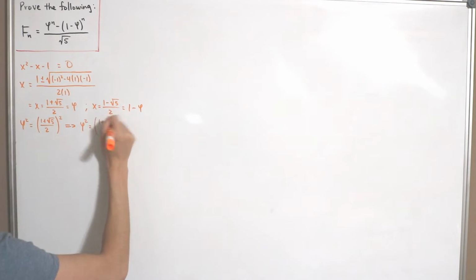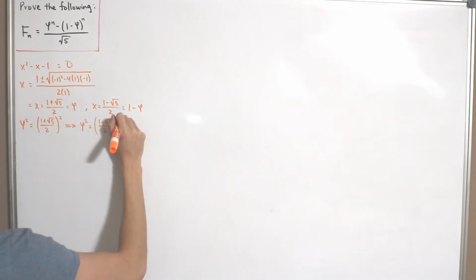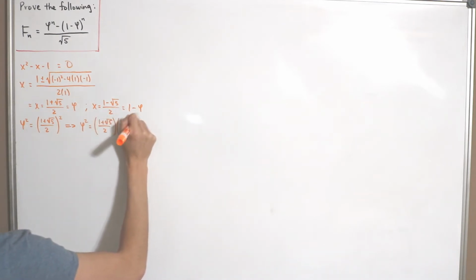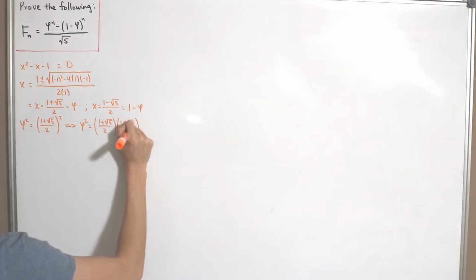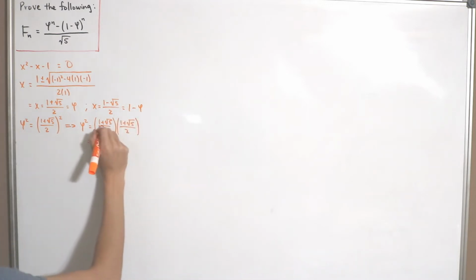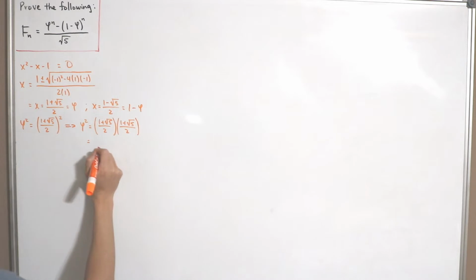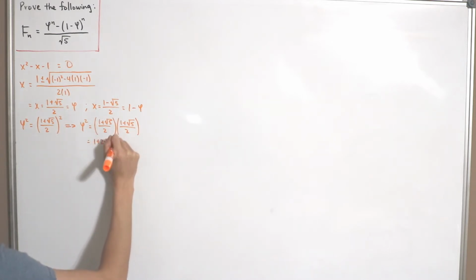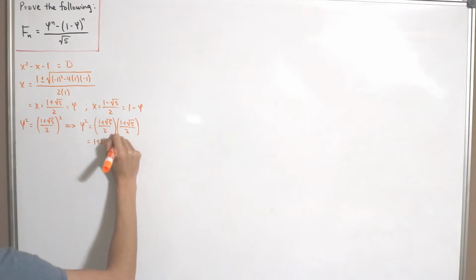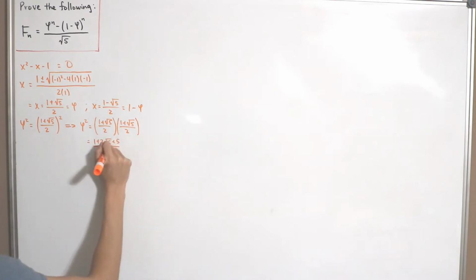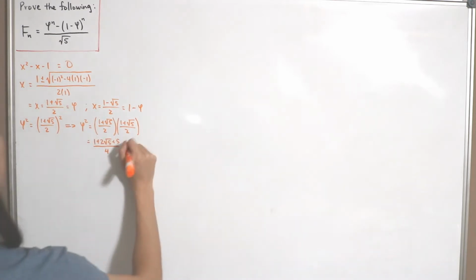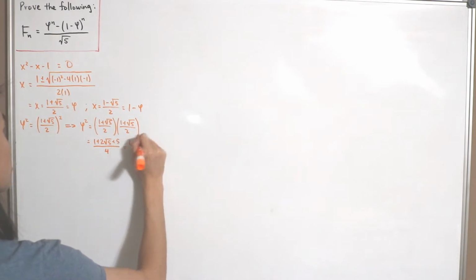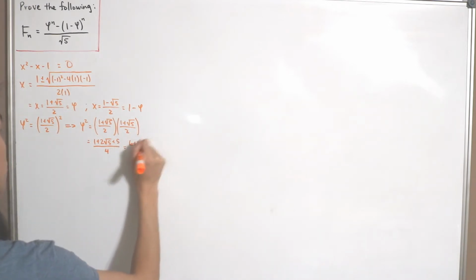We just perform the FOIL method. This is (1 plus 2 times the square root of 5, plus 5) divided by 4. Okay, we add the terms together, so this is (6 plus 2 times the square root of 5) divided by 4.